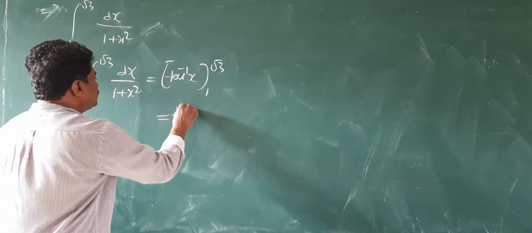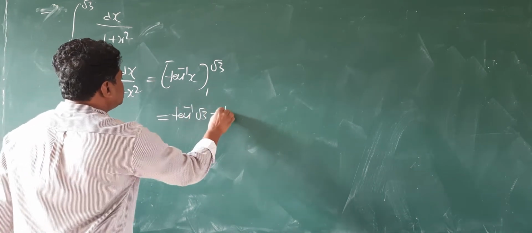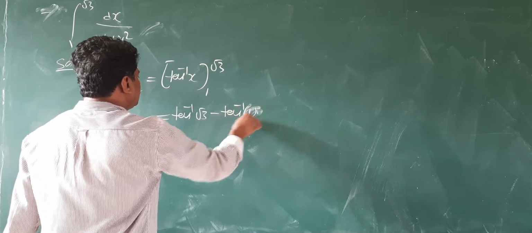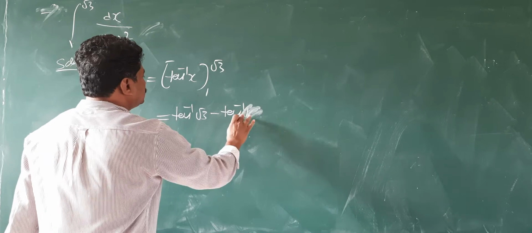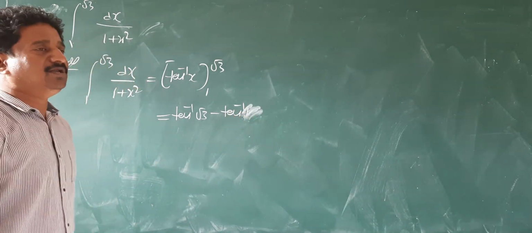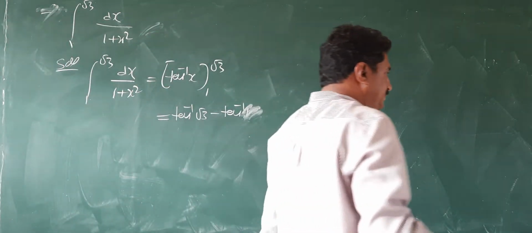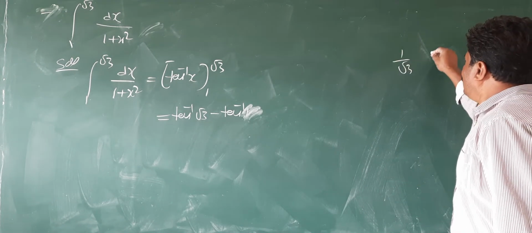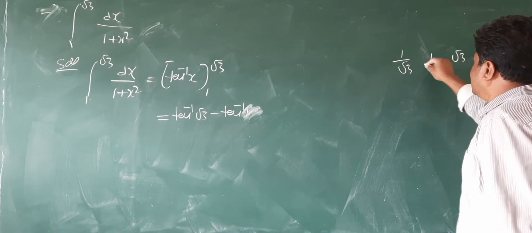So tan inverse root 3 minus tan inverse 1. How much is tan inverse root 3? In tan, just remember these three numbers: 1 by root 3, 1, root 3.